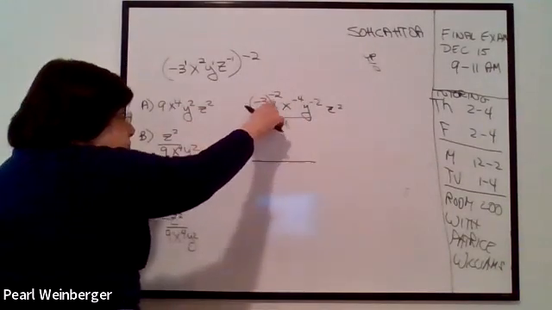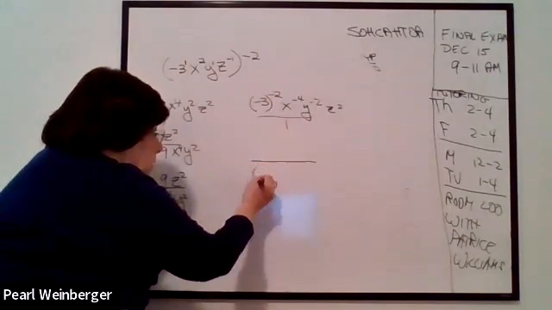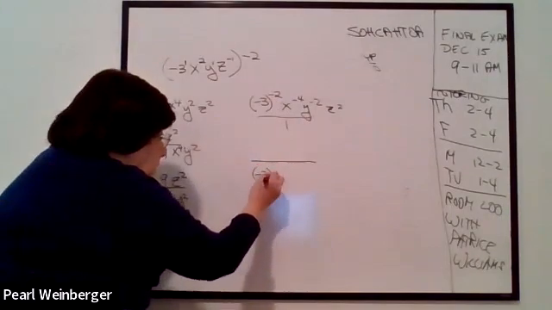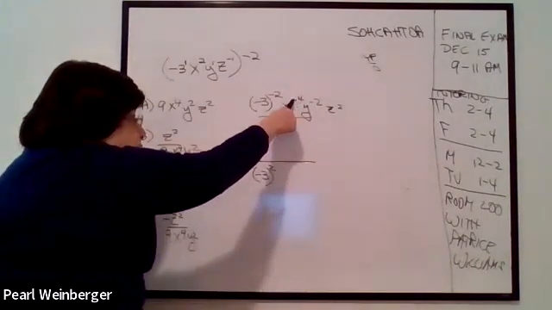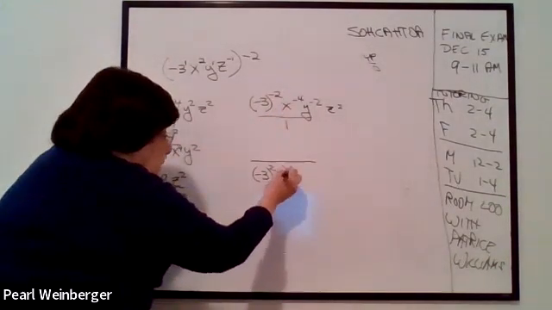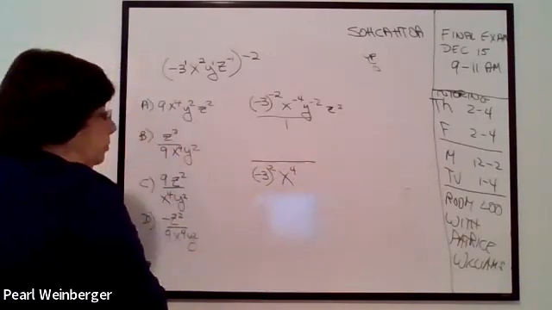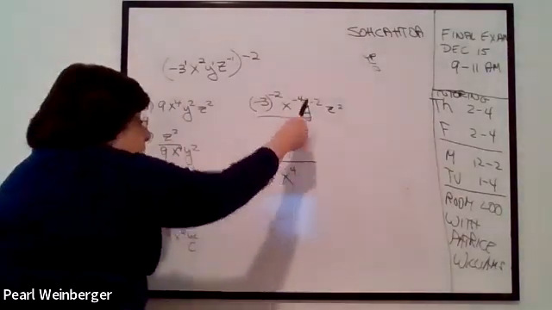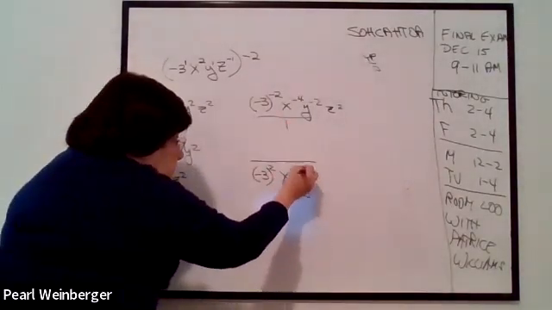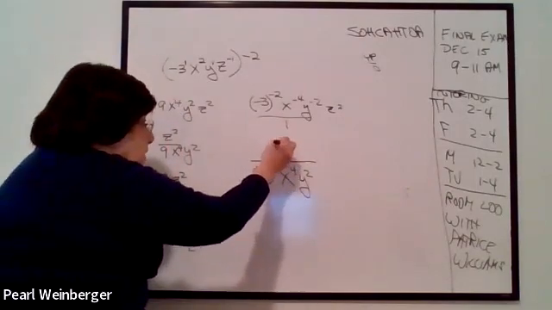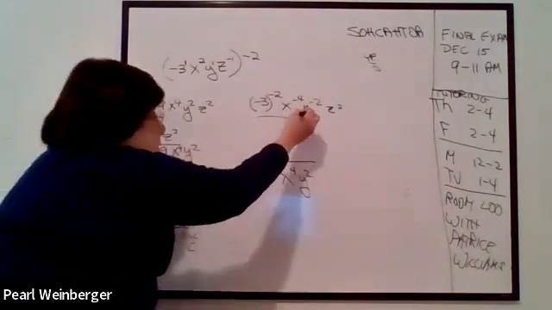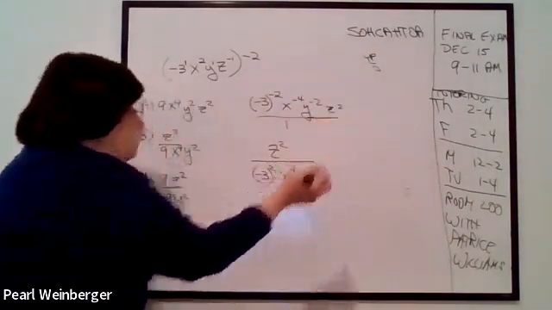So this -3 to the -2 will become -3 to the +2 in the denominator. The x to the -4 will also have to go to the denominator and become an x to the 4th. The y to the -2 will go down and become y squared. But the z squared has to stay on top because its exponent is positive.